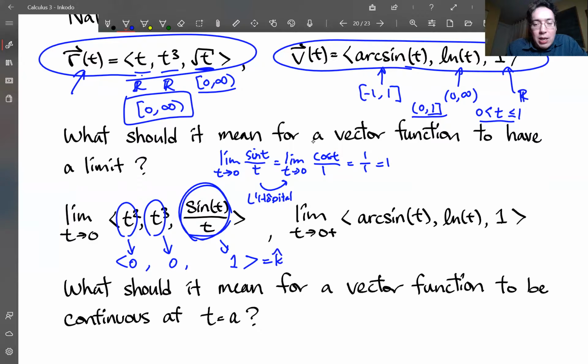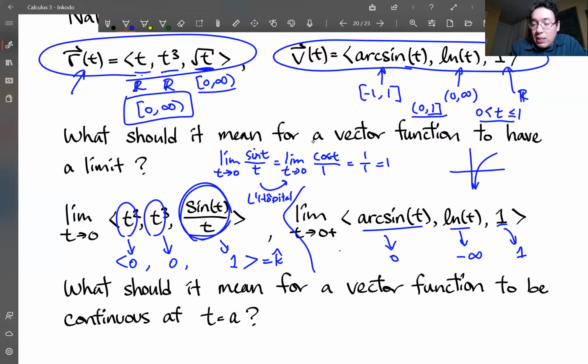Okay, let's look at another limit. Arcsine is a continuous function at 0, so arcsine of 0 is equal to 0. It's approaching 0. 1 is a constant, so that approaches 1. Natural log, though, the graph of natural log looks like this. As it approaches 0, it shoots down to negative infinity. So the limit doesn't exist here.